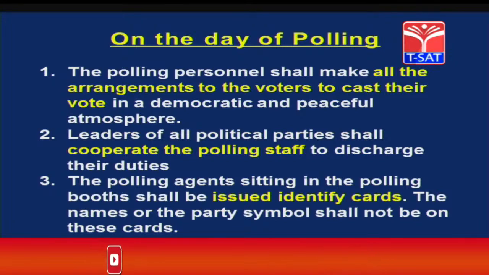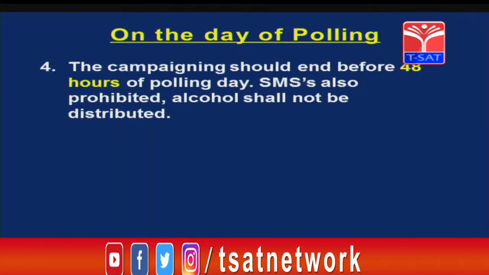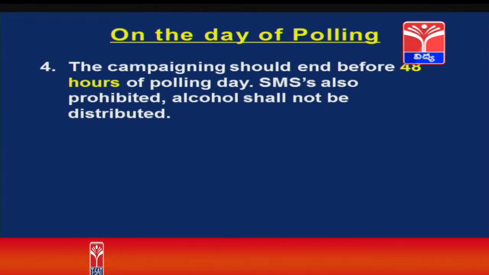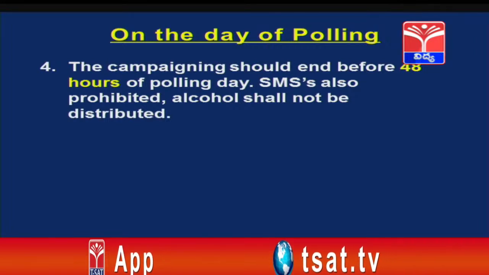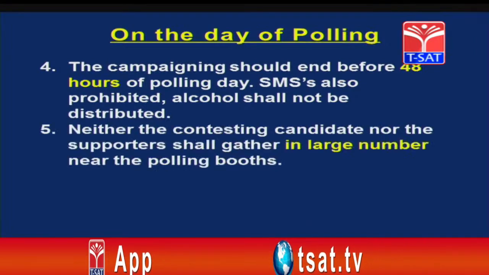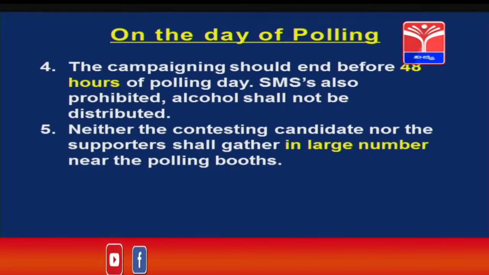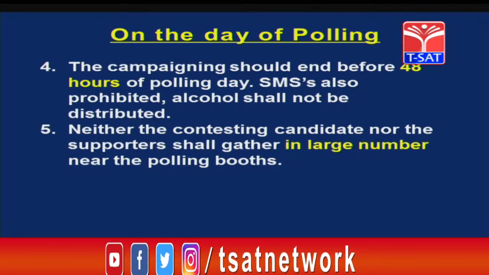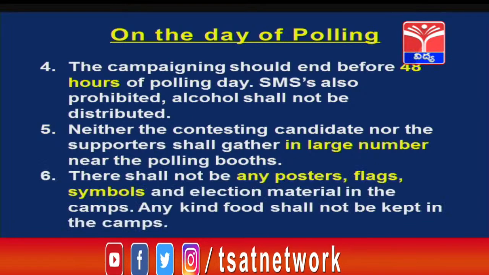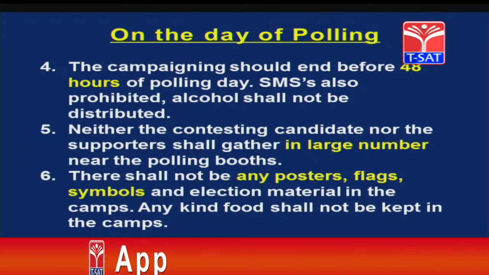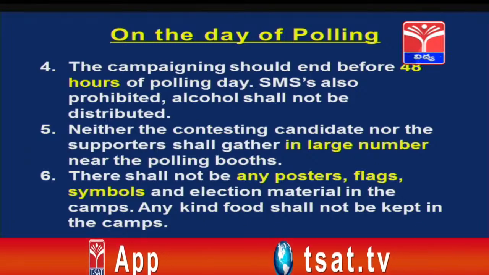The names of the party symbol shall not be on these cards. Next, the campaigning should end 48 hours before the polling day. SMS is also prohibited, alcohol shall not be distributed, and neither the contesting candidate nor the supporters shall gather in large numbers near the polling booths, and there shall not be any posters, flags or symbols and election material in the camps.